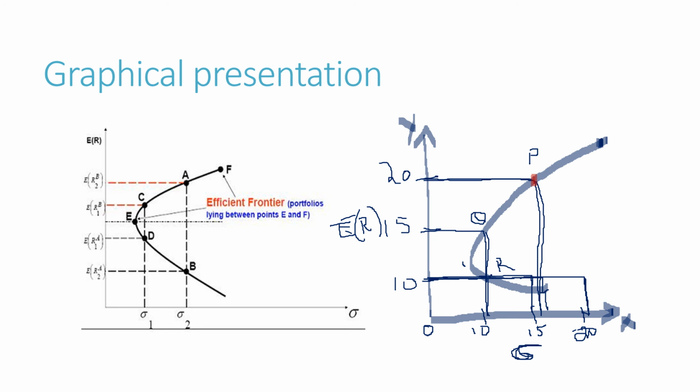A rational investor will always think about higher returns for a certain level of risk. If the level of risk he is taking is less, then he expects the same amount of return. Otherwise, if he wants more returns, then to a certain extent he has to take the risk.